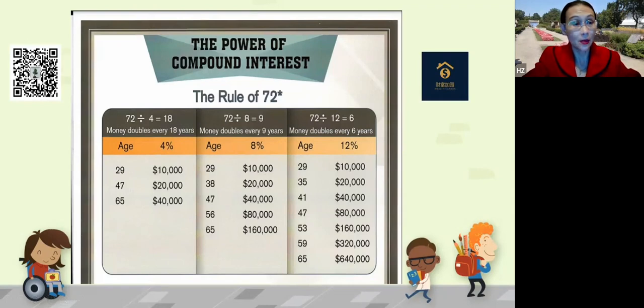I want to see double digits. And it's all achievable because index funds pretty much show a 12% average rate of return over the last 10 years. Then every 6 years, money doubles. At the age of 65, you will have approximately 640,000 in your portfolio. So this is how your money grows.